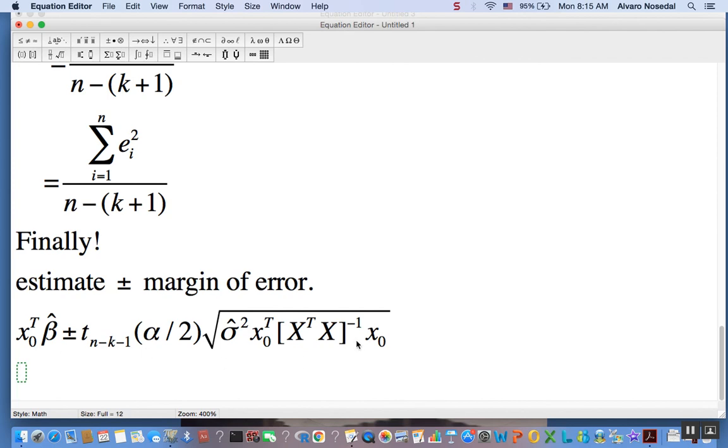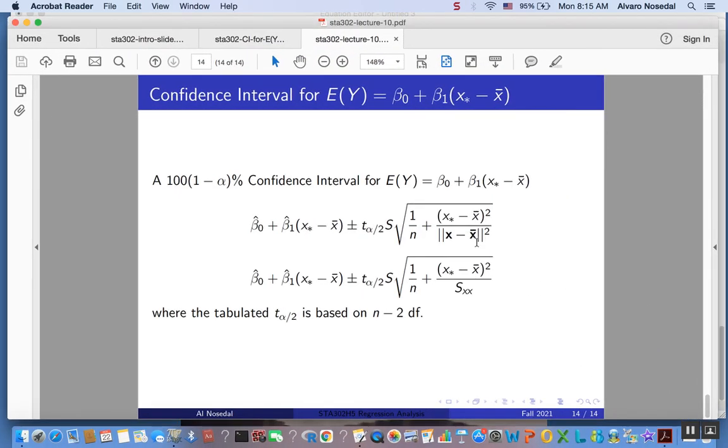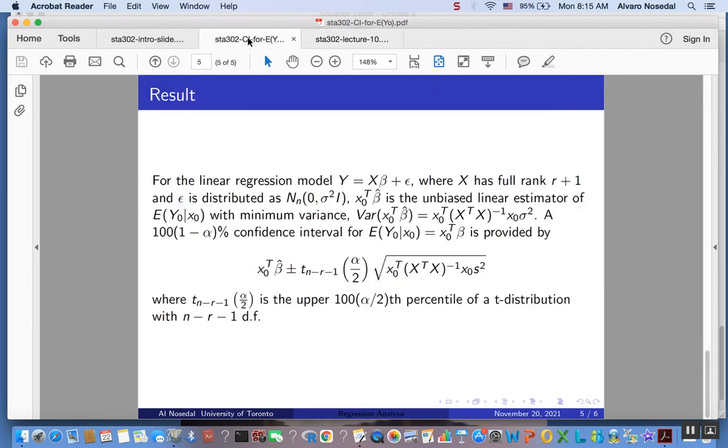Okay, so finally, let me show you. This is the formula that we had before for simple linear regression, and this is the formula that we're going to have now. Instead of using the notation sigma hat squared, we're using an s squared, but we know that that guy is just an estimator of the variance sigma squared.